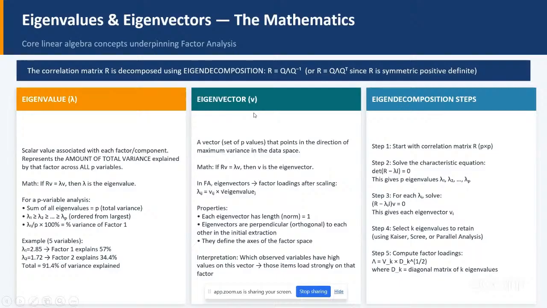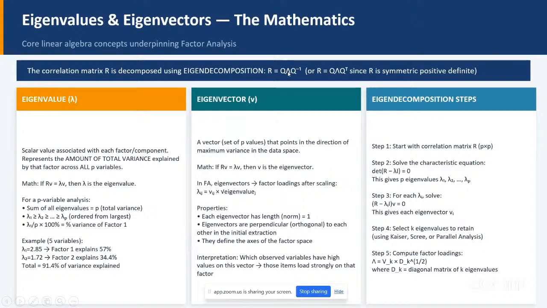So I am just giving some overview of this. What is an eigenvalue, I have already told, denoted by lambda. So this correlation matrix can be explained in this form, where R is a symmetric positive definite matrix.